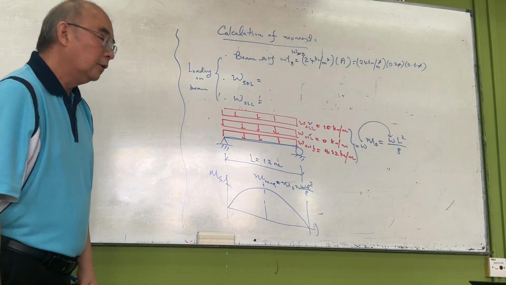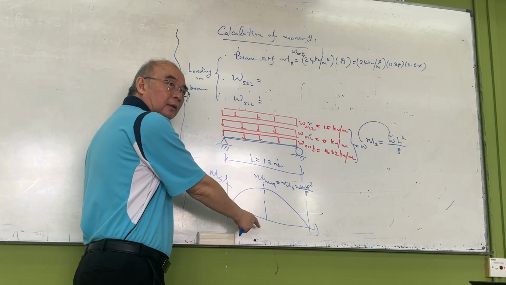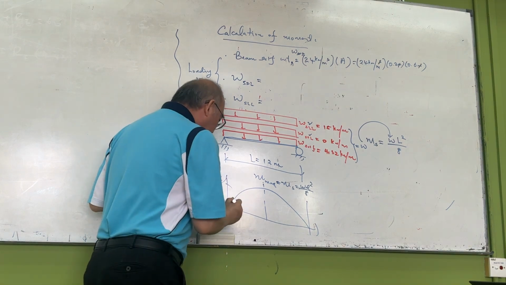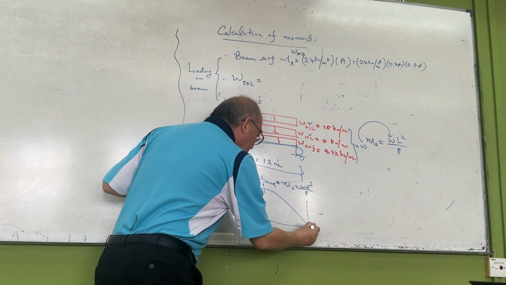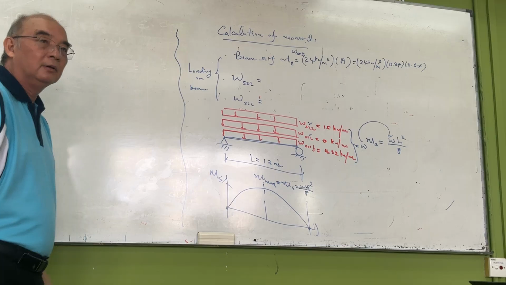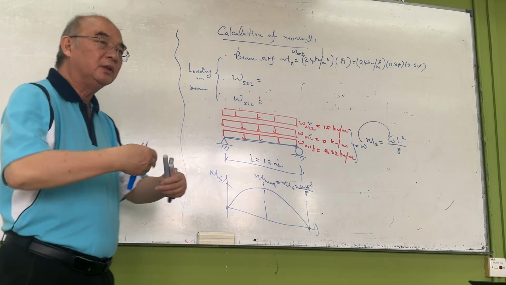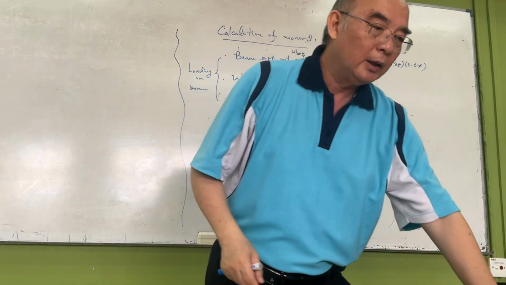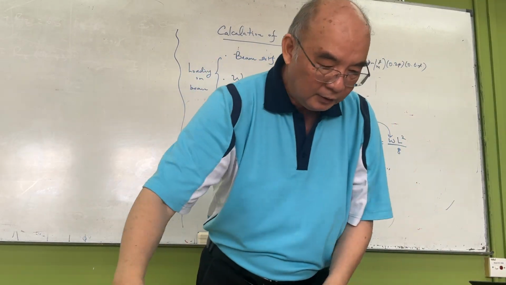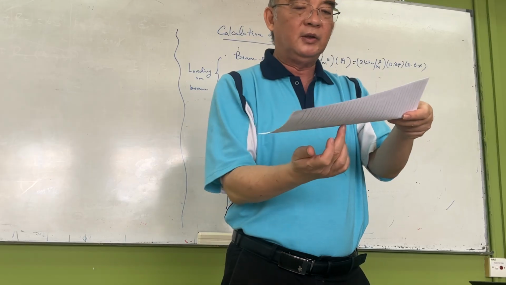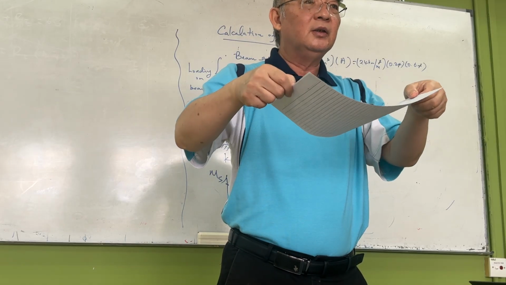So this is the midspan. The midspan has the maximum moment. At the support here the moment is 0, and here is 0. This is for a simply supported beam. When you have a simply supported beam, the maximum moment is in the middle. Here and here, 0 moment.